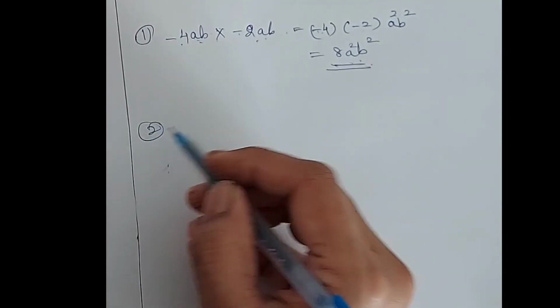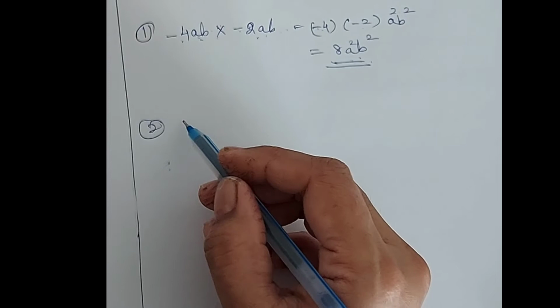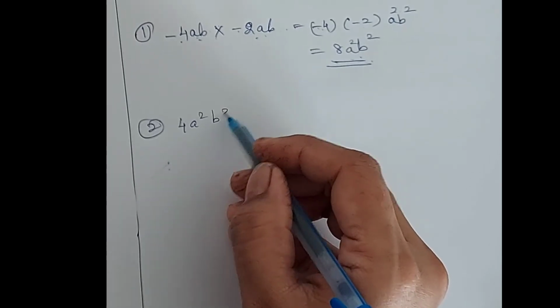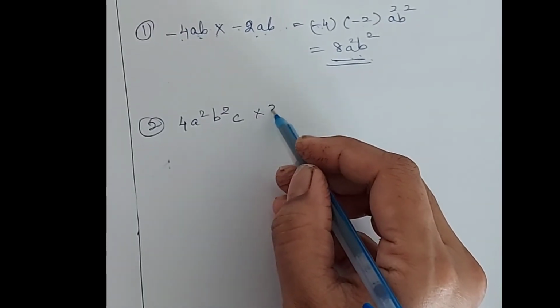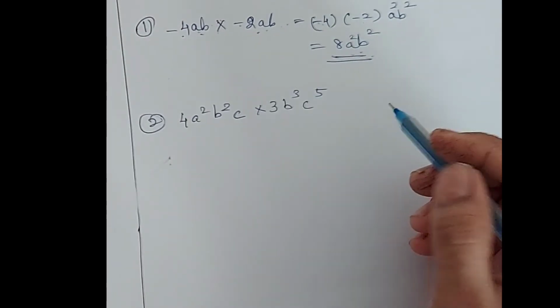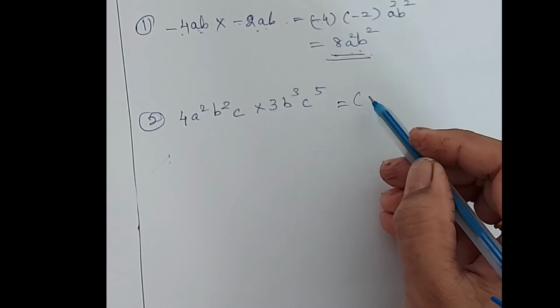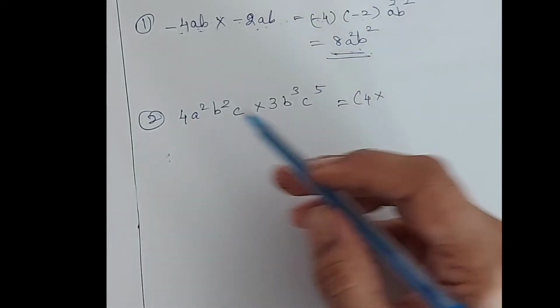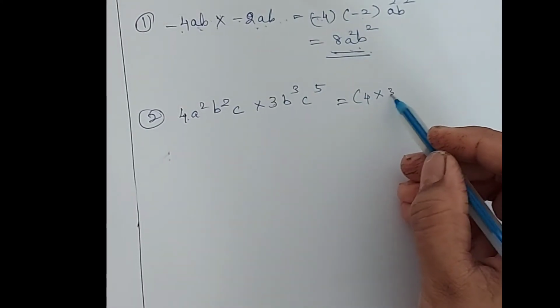The second problem, 4a squared b squared c into 3b cube c power 5. First we will multiply the numerical coefficients. What are they? 4 into 3, right?